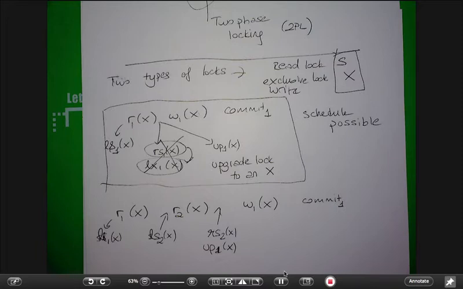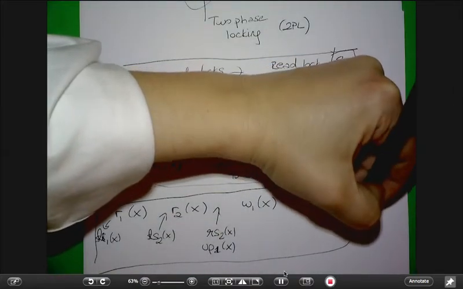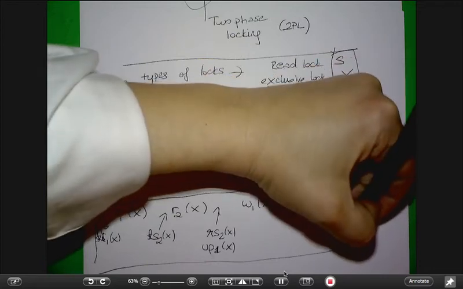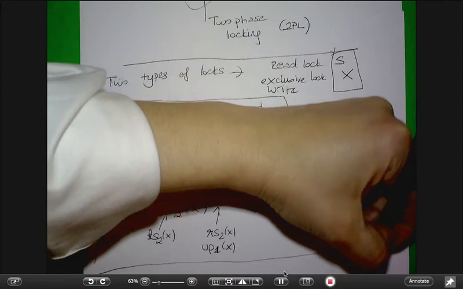Because if I only had a single lock, then I have to lock it here, then I have to unlock it here, so that this can happen, right? If I unlock it here, it cannot lock it again. So this cannot happen if you use a single type of lock, but it can happen with two types of locks, right? So this is possible with two types of locks, but not a single lock.